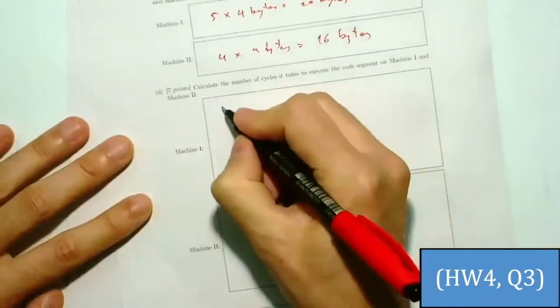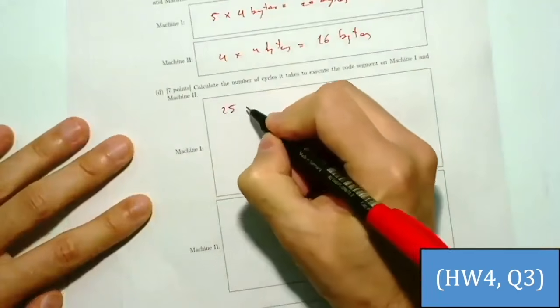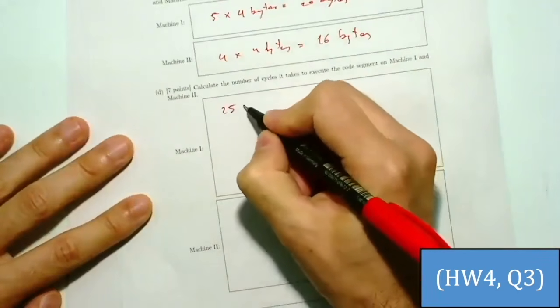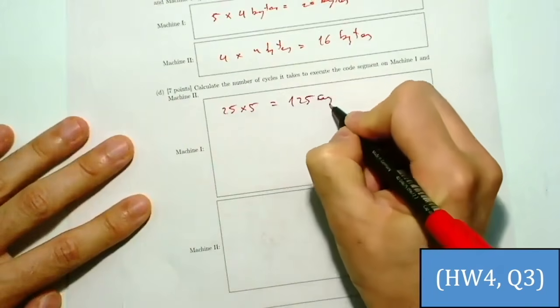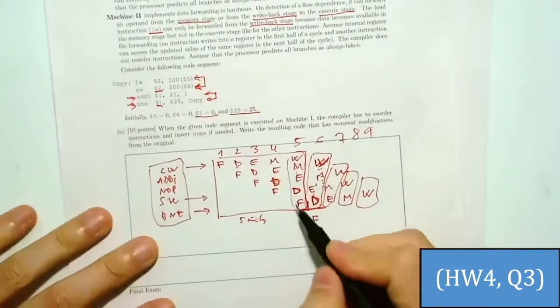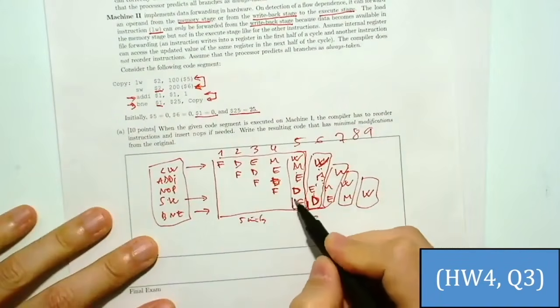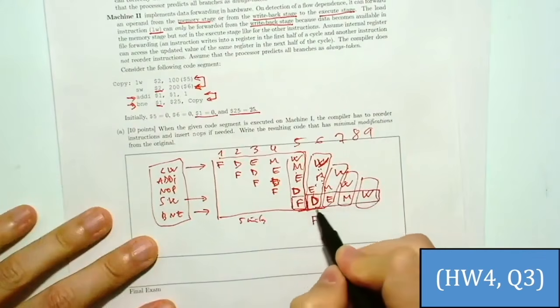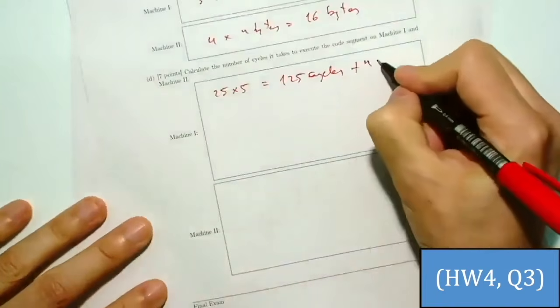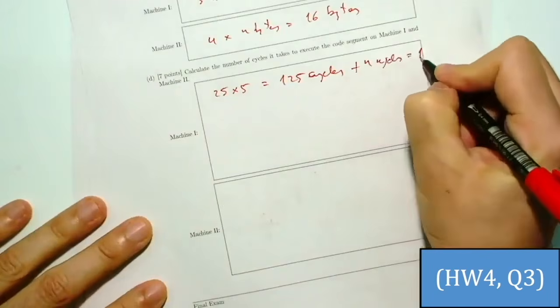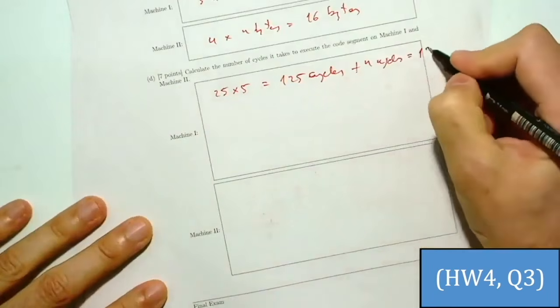As we have 25 loops, and we can start 5 instructions per loop, we have 125 cycles. But in the last iteration, we have to finish. So imagine this is the last instruction. We have to execute these final pipeline stages, which are 4 additional cycles, plus 4 cycles. So, yeah, 129.